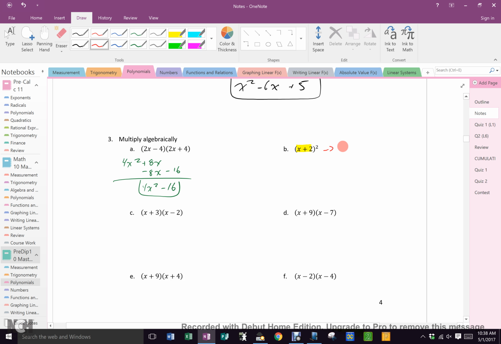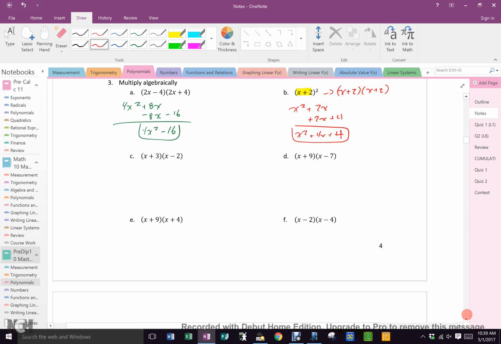So this is really x plus 2 times x plus 2. It is not x squared plus 4. Because what it really is, is x squared plus 2x plus 2x plus 4, which is x squared plus 4x plus 4. Gouda?